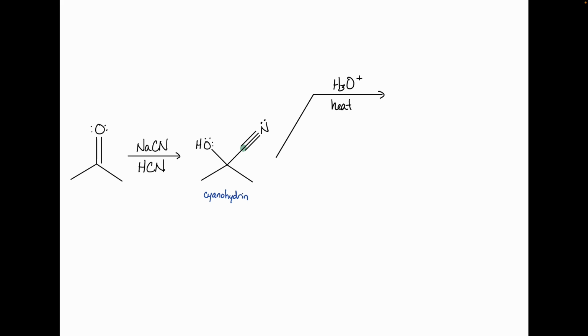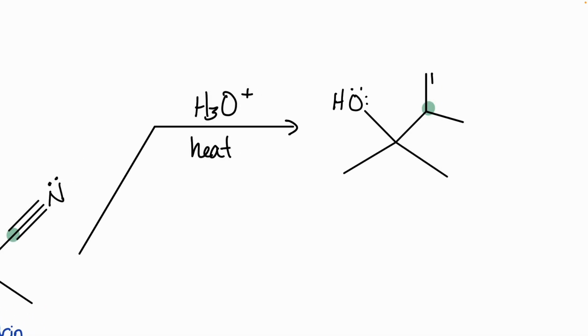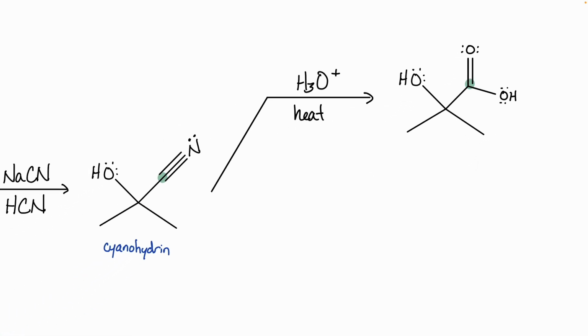If we take this in the presence of acid and heat, what we're going to do is oxidize that carbon to a carboxylic acid. So we have this carboxylic acid group located one carbon away from that alcohol group. That's what we get if we take a cyanohydrin and treat it with dilute acid and heat.